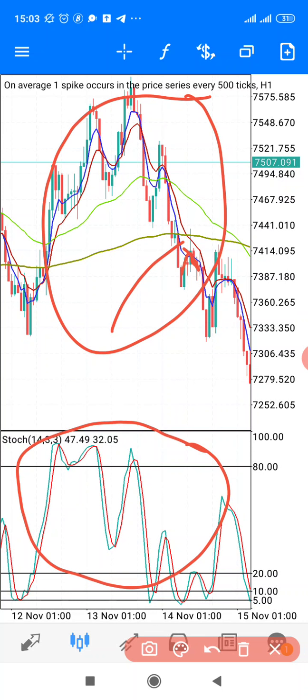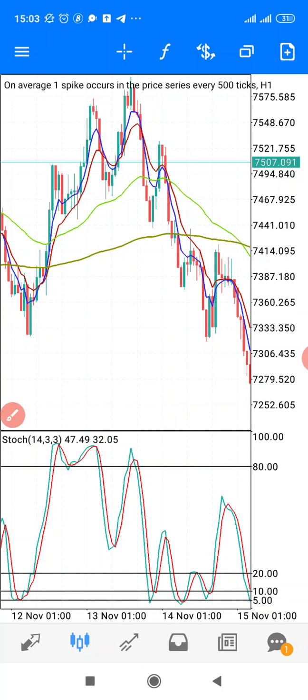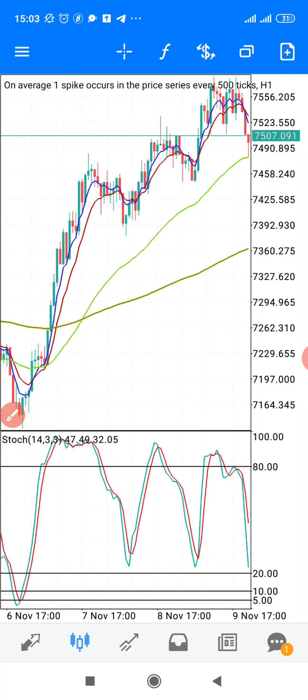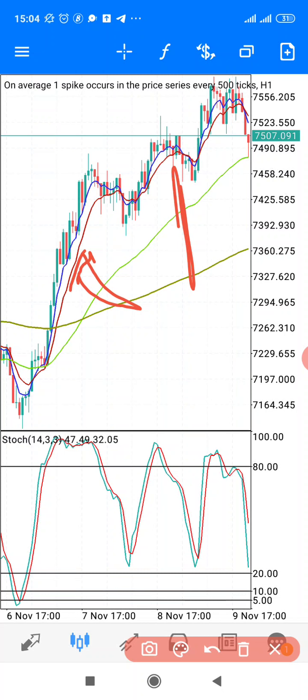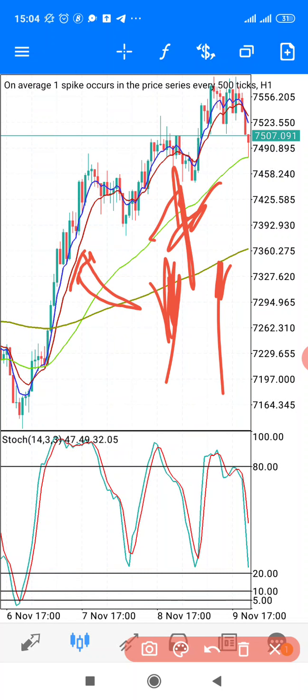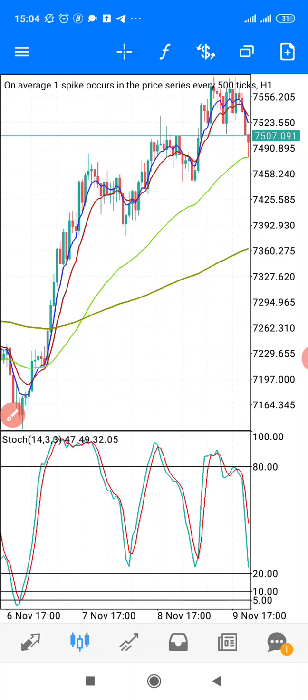This red line is the 10. Then this green here is the 50. This one is the 200. This is just for knowing the trend, because it's also a trigger point. All right, we'll see much of that.